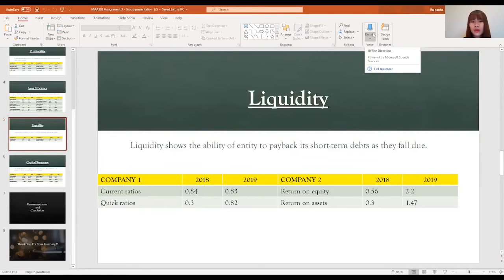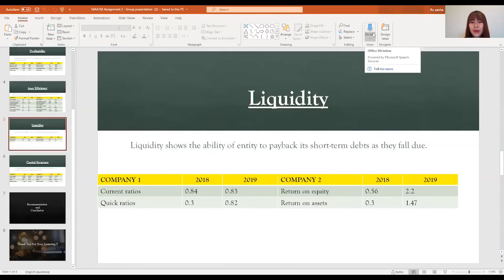The quick ratio measures the firm's ability to meet its short-term debt on short notice. The quick ratio can be calculated by subtracting the inventory and prepayment from the current assets and dividing it by the current liabilities.